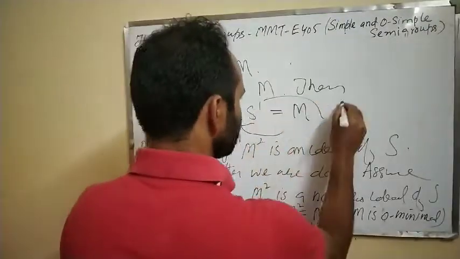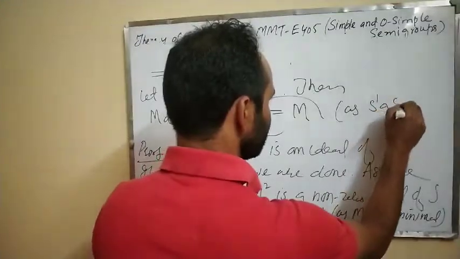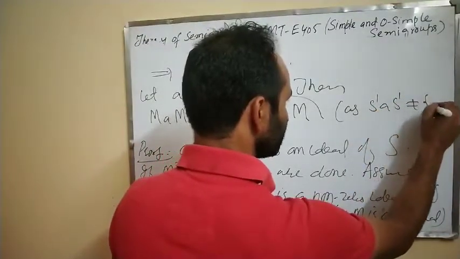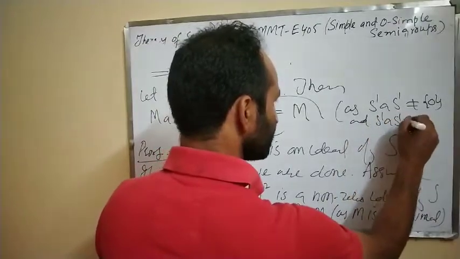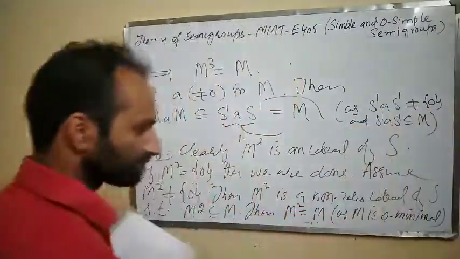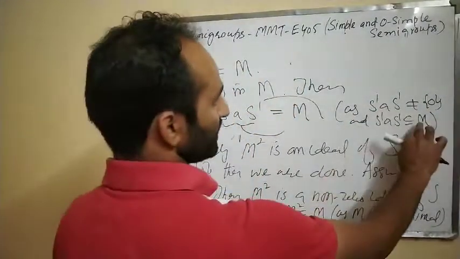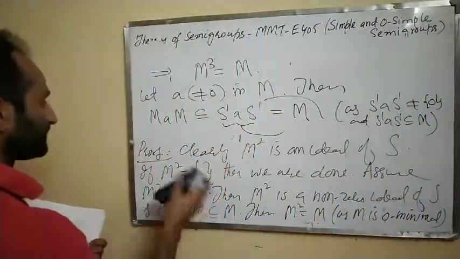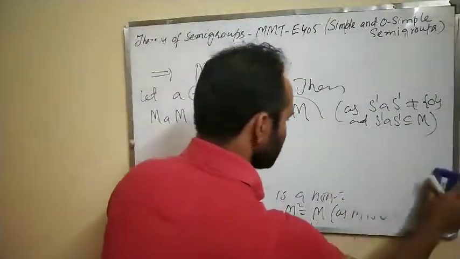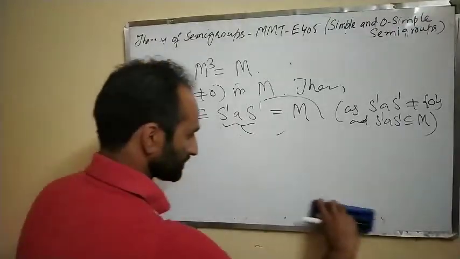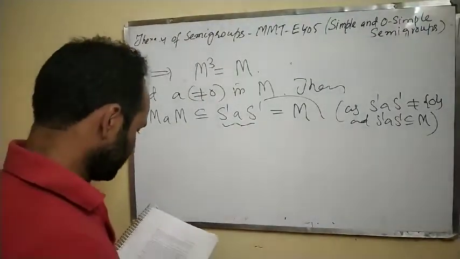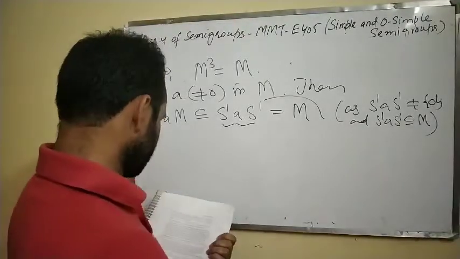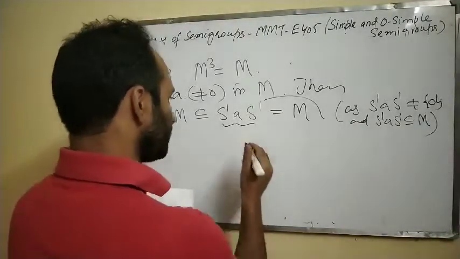So here, as S1 is not equal to 0 and S1 is a subset of M, it's a non-zero ideal contained in M. It must be equal to M. And this M, you can say, is equal to M cube.